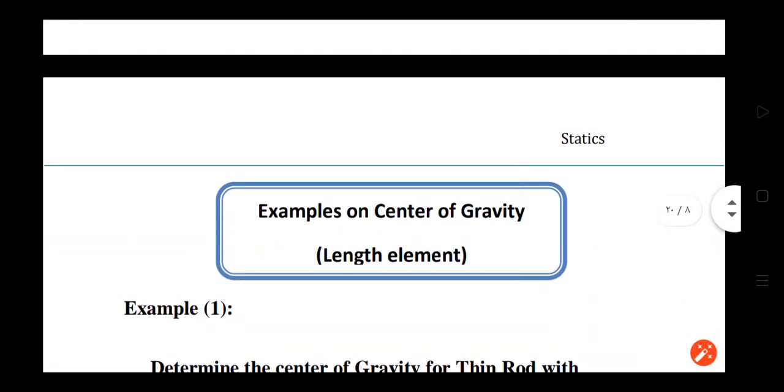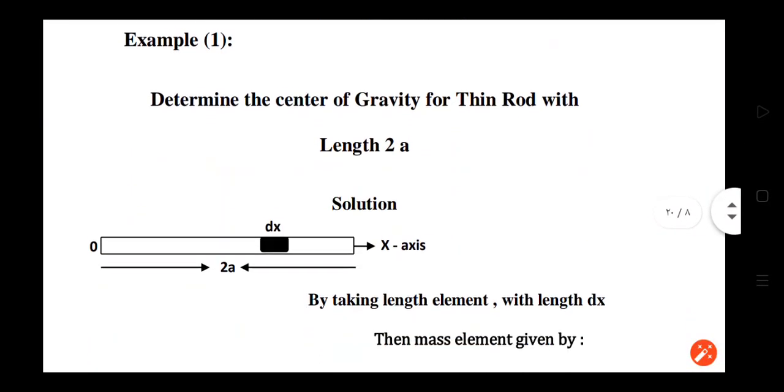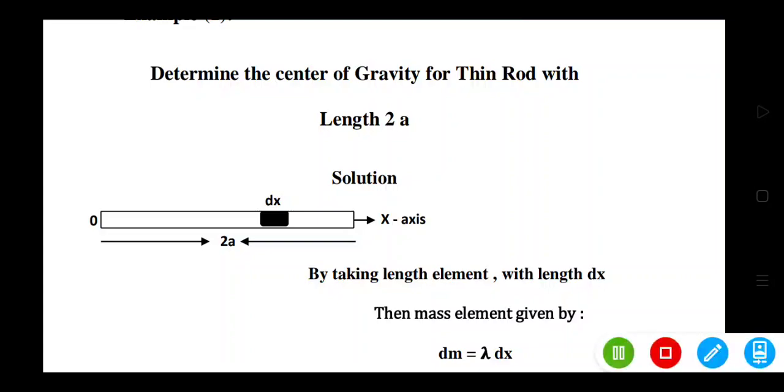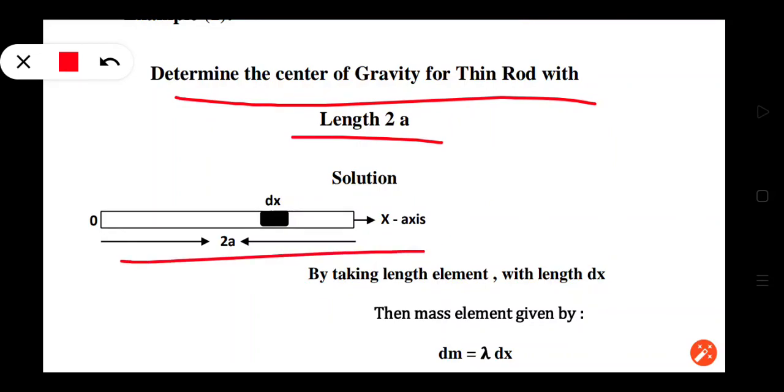Now we will solve some examples on center of gravity about length element. Example 1. Determine center of gravity for a thin rod with length 2a. This is a rod of length 2a. We will take a length element with length dx, and the mass element dm will be given by lambda dx.